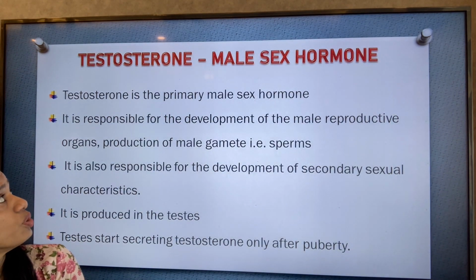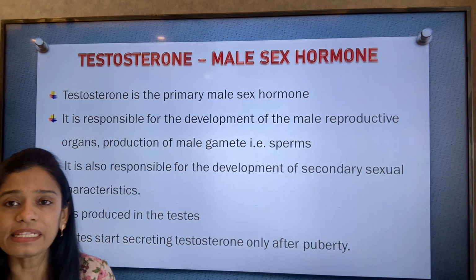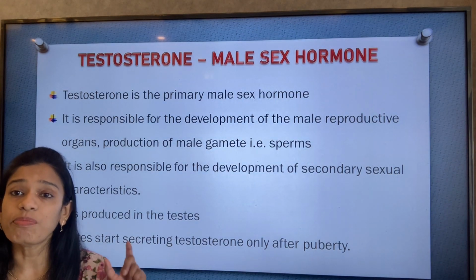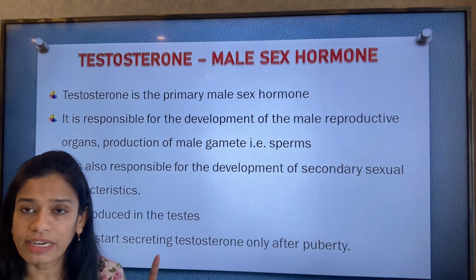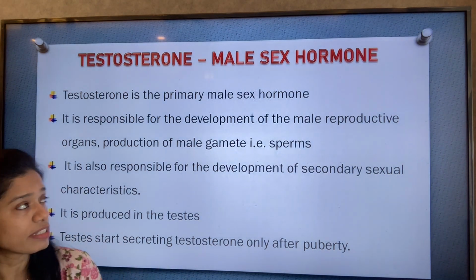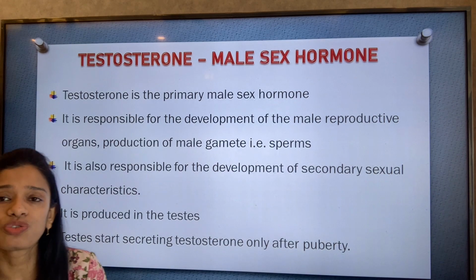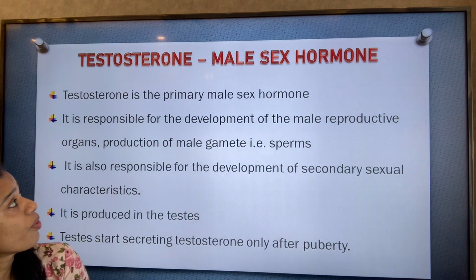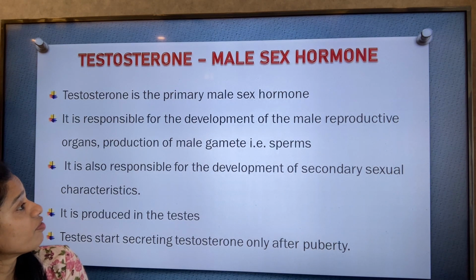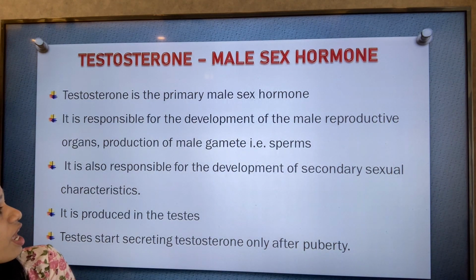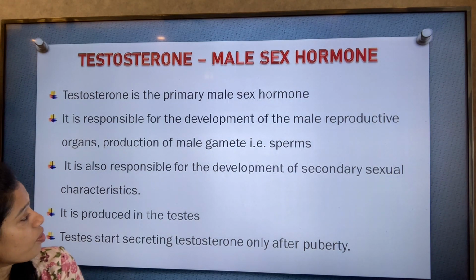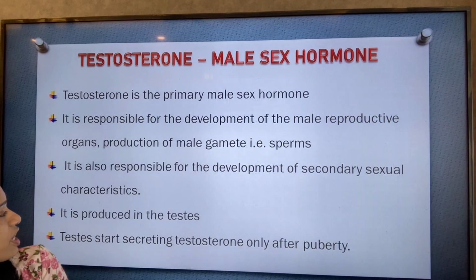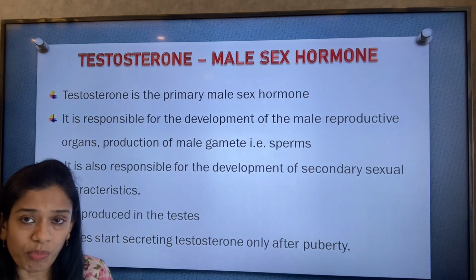Now let's come on to testosterone, the male sex hormone. This is an important hormone. Please learn the spelling as well as where it is secreted. Testosterone is the primary male sex hormone. It is responsible for the development of the male reproductive organs and production of the male gamete, that is the sperms. It is also responsible for the development of secondary sexual characteristics in boys.